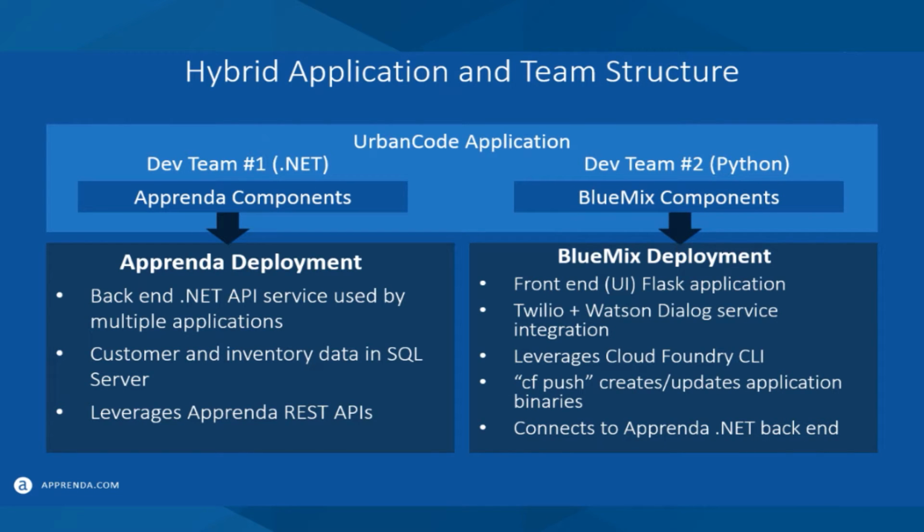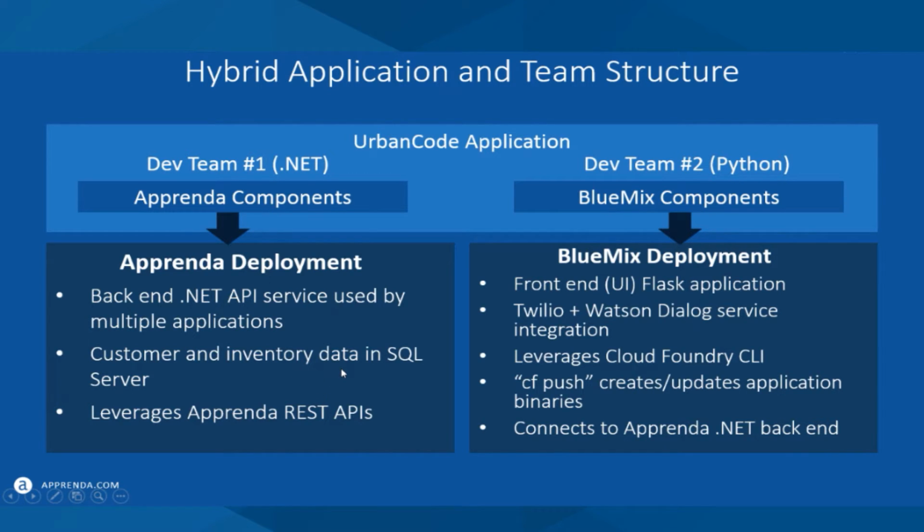So to put some additional context around the demo before I get into it, the use case here that I'm going to walk through is, imagine you have two development teams in your organization. One using Python, building a brand new BlueMix component that's going to use Twilio and Watson Dialog service. Since it's BlueMix, it's based on Cloud Foundry, so they might be using Cloud Foundry CLI and Cloud Foundry APIs. But another development team owns the back end of this piece, which might be a system of record.